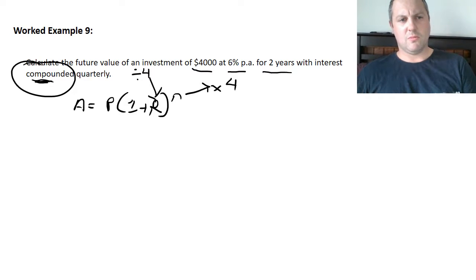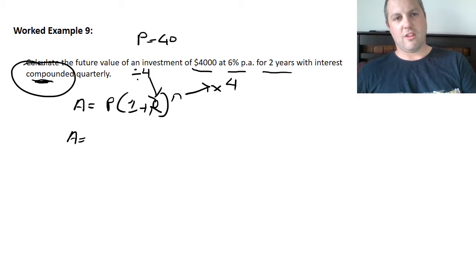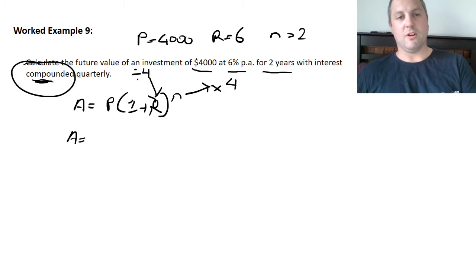Okay, so we'll put that in. So we've got A equals, now of course you've written out P equals 4,000, R equals 6, and N equals 2. So R, we're going to put that 6% into a decimal obviously, and then divide the decimal by 4.